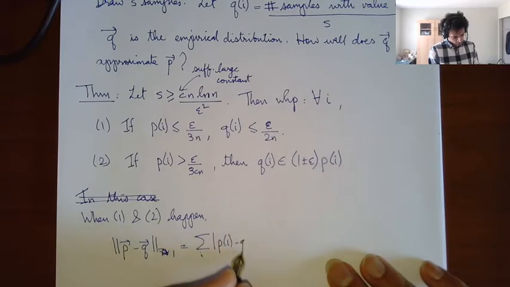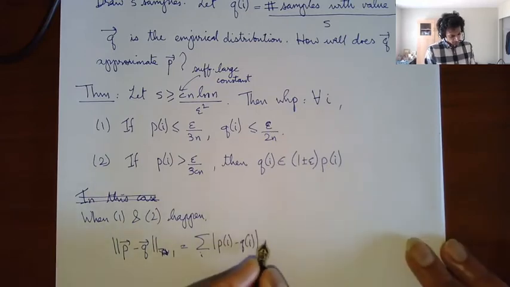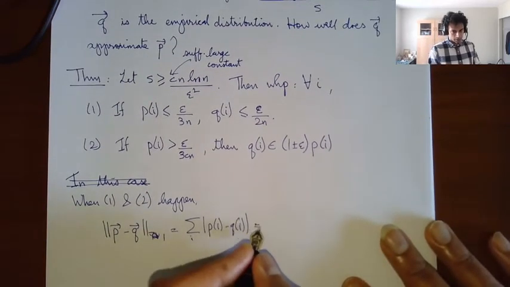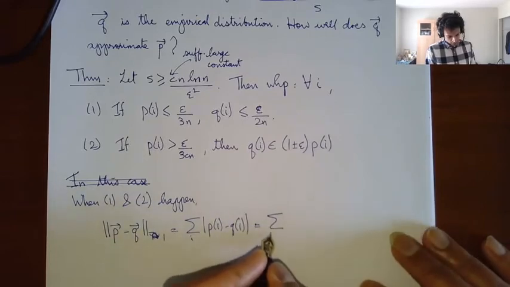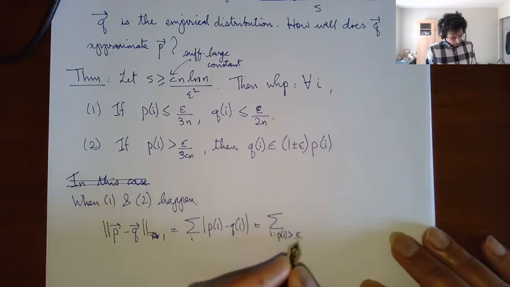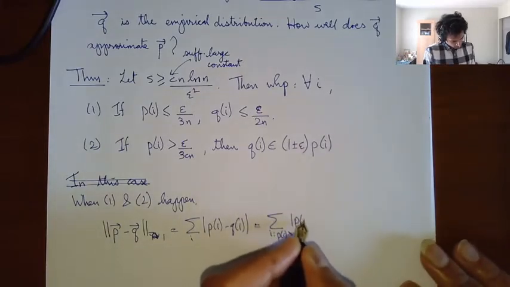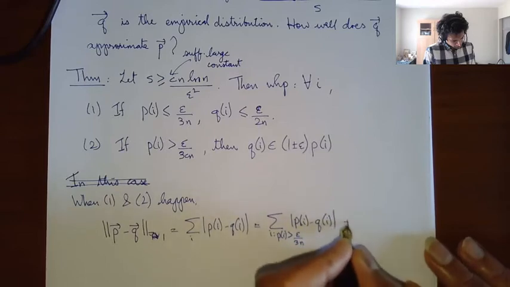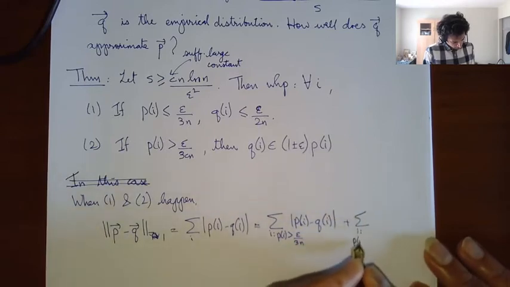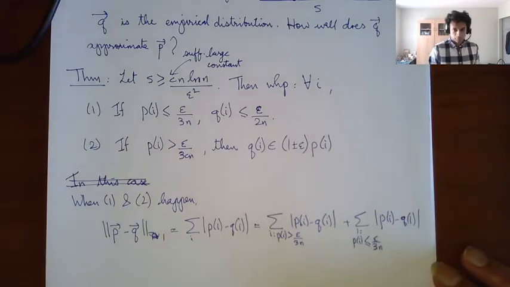So it's just the summation of P of I minus Q of I, which I will split as: all I such that P of I is greater than epsilon over 3n, P of I minus Q of I, plus all I such that P of I is less than or equal to epsilon over 3n, P of I minus Q of I.